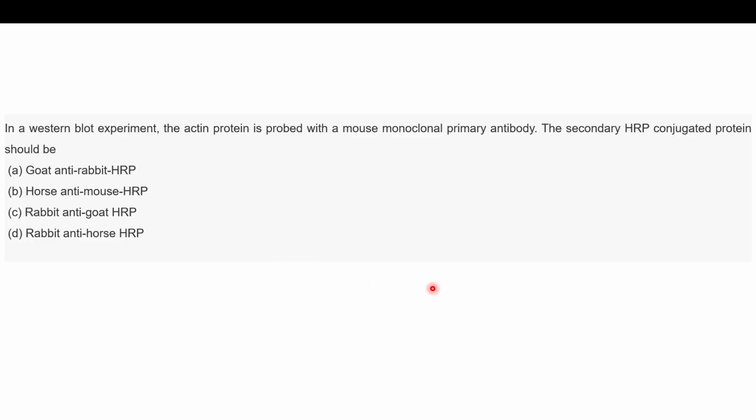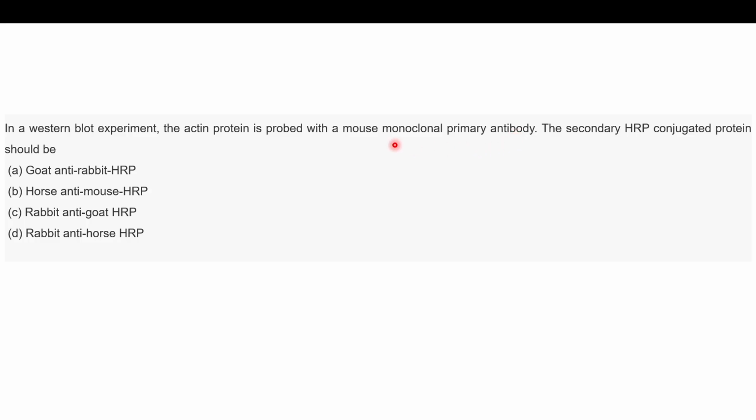Yes, because what happens here is that any antibody that is being generated, you have to culture these antibodies in certain organisms. Now this particular primary antibody is mouse generated. Whatever is antigenic for the mouse will be acted upon by this antibody.